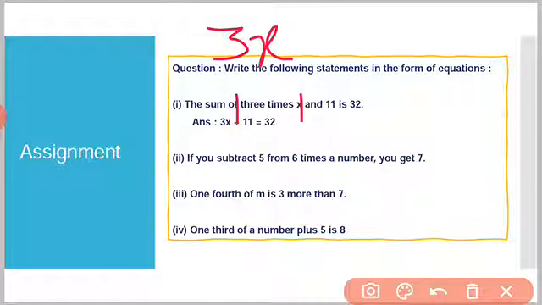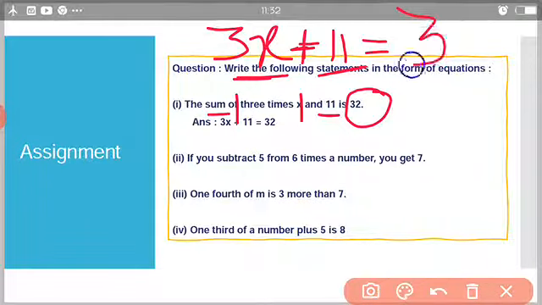Then see, the sum of 3 times x and 11 means this will be the expression formed, 3x plus 11. The sum of 3 times x and 11 is, wherever 'is' comes, it is equal to 32.